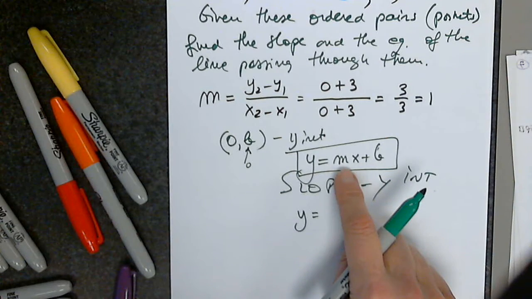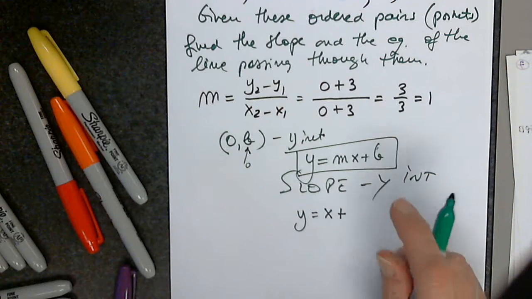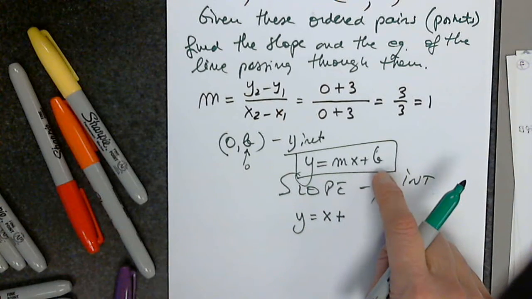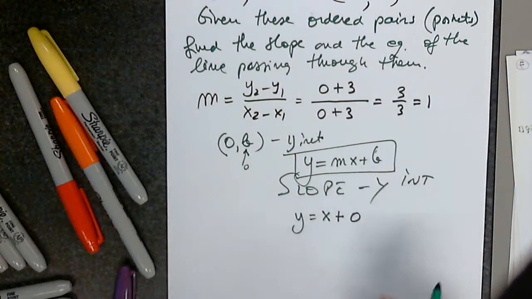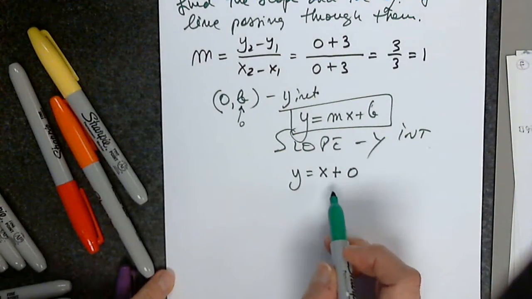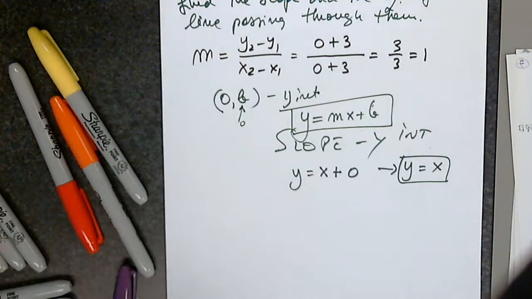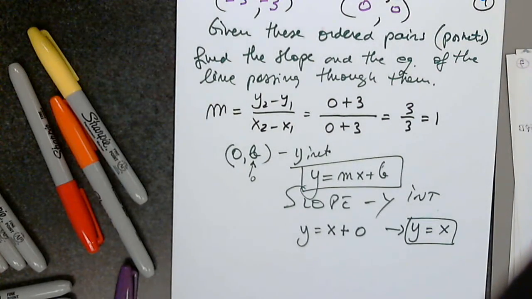The slope was 1 times x plus, what did we say b was? 0. So there is no need to write it like this. Of course, I'm going to write y equals x. Does it make sense that this is the equation of that? Right, because x and y are the same.